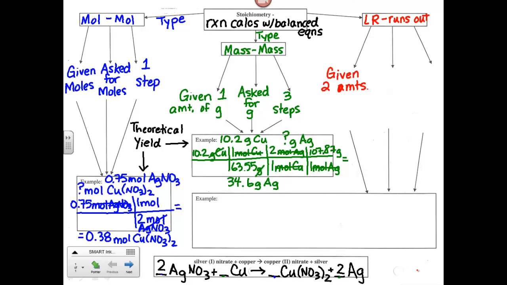Usually we've done those in grams, but you can also do them in moles, but given two amounts. You just have to be careful that you don't confuse this with a percent yield problem, where it would say what percent was actually yielded if this much was actually collected.